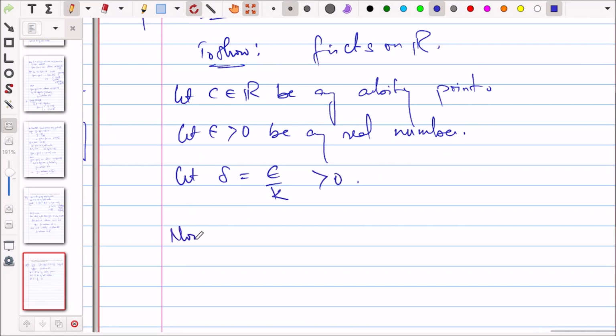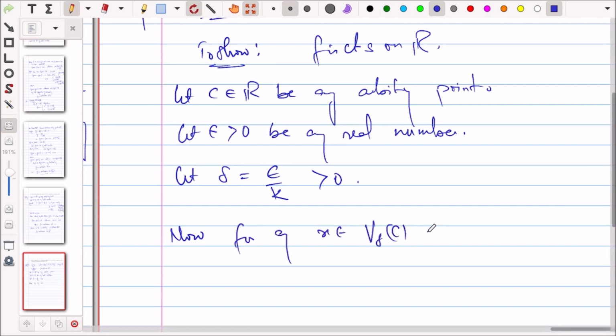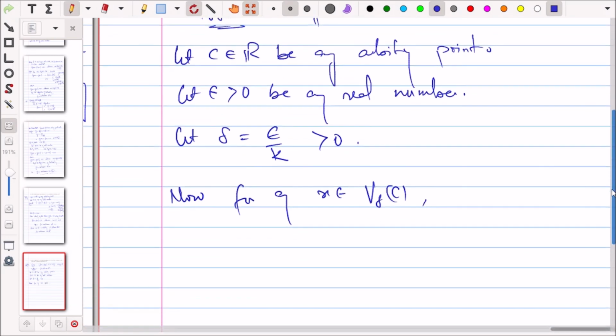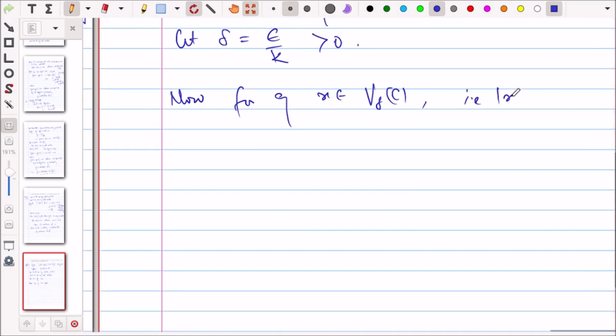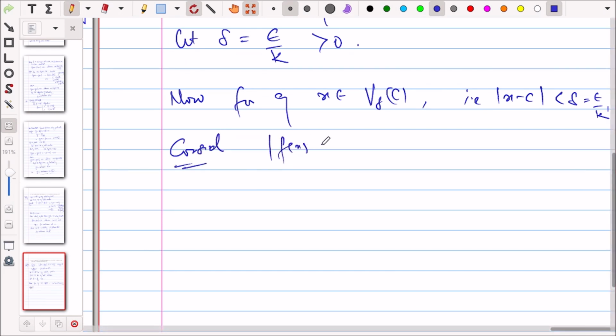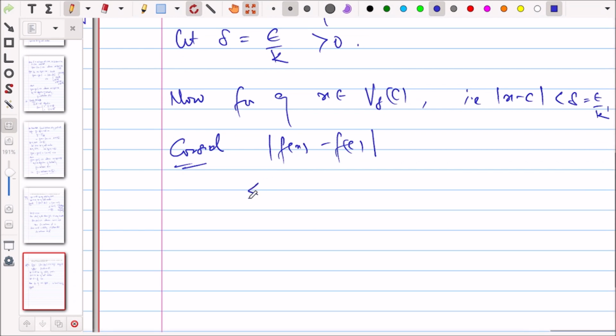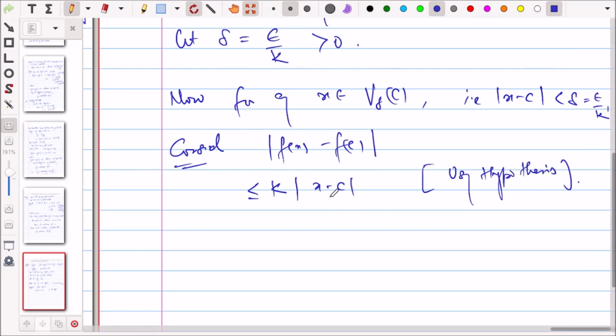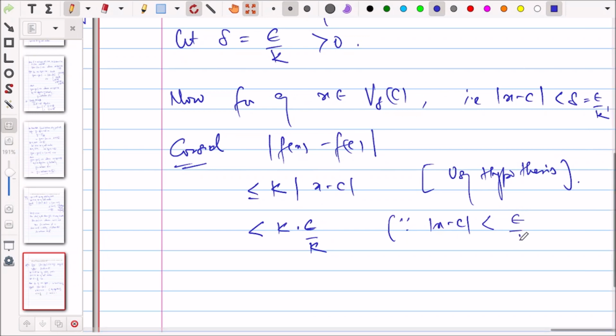Now for any x belonging to the delta neighborhood of c, so for any x in this, |x - c| is less than delta, which is equal to epsilon by k. Consider |f(x) - f(c)|. By hypothesis, using the given condition, this is less than or equal to k|x - c|, and this is less than k times epsilon by k, because |x - c| is less than epsilon by k.